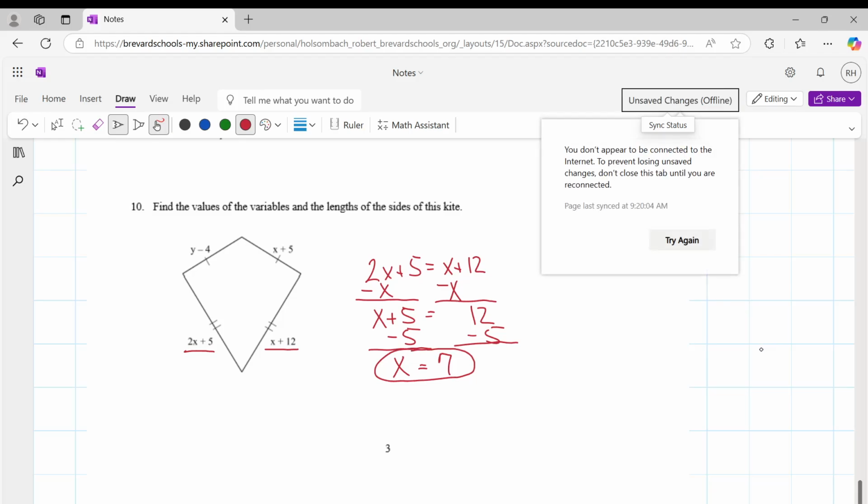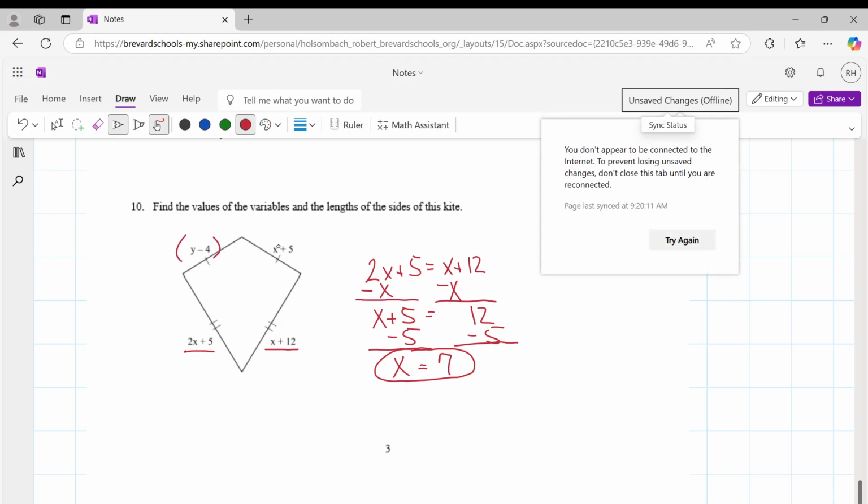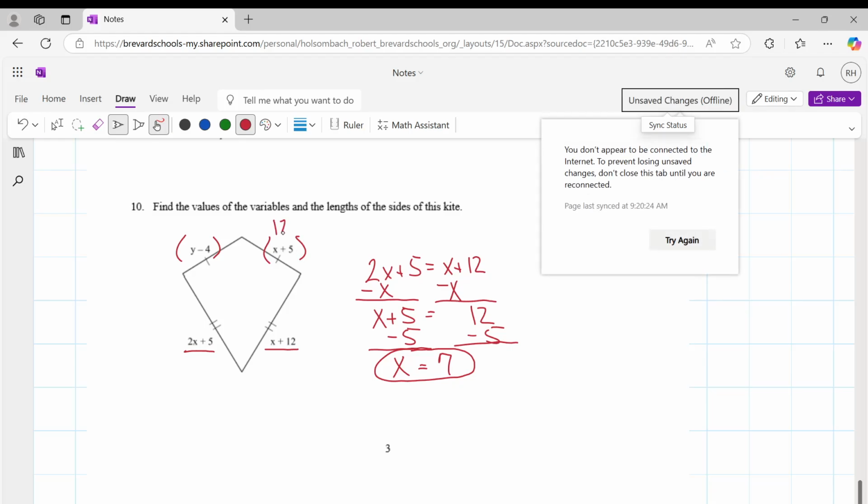We got to solve for y now. So take this 7, go up here to the top where you've got two expressions, and substitute the 7 for the x. So this side of the kite is equal to 7 plus 5, which is 12. Now you've only got one variable to deal with, so you can solve for y.